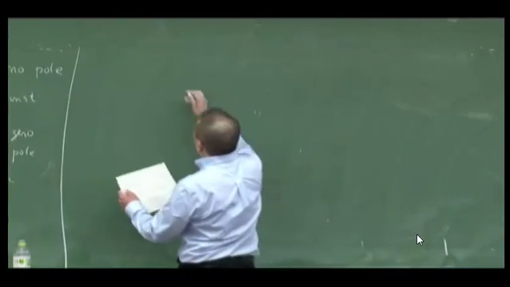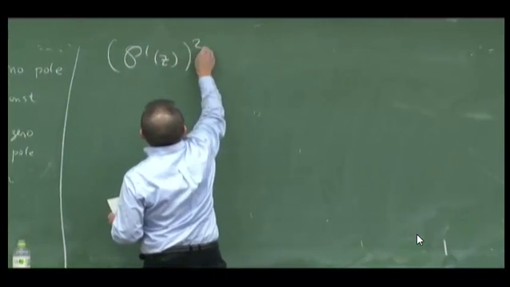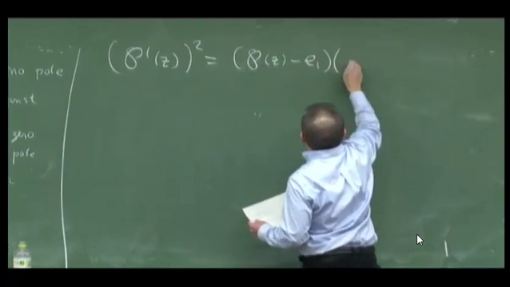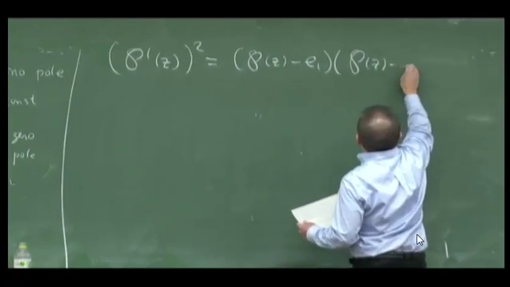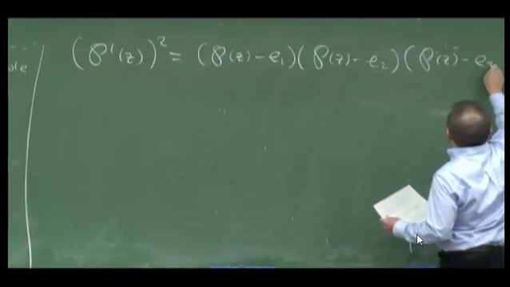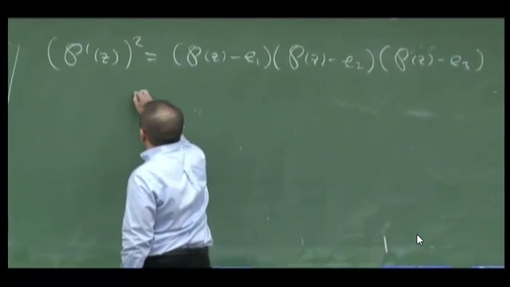You can use that logic to prove that p prime of z squared is equal to p of z minus E1, p of z minus E2, p of z minus E3, where E1, E2, E3 are special values of p function.